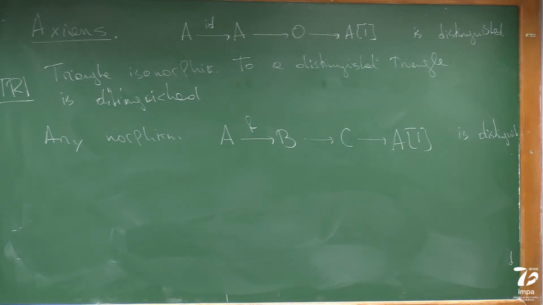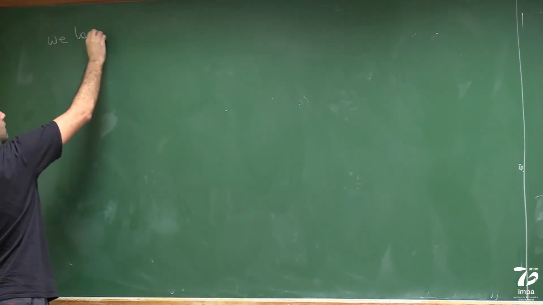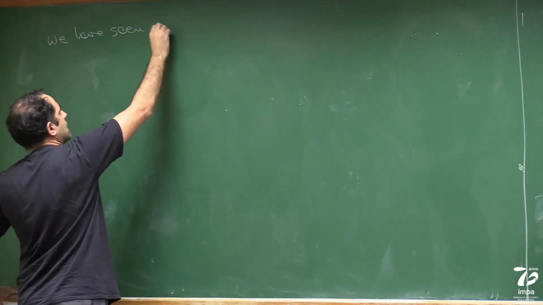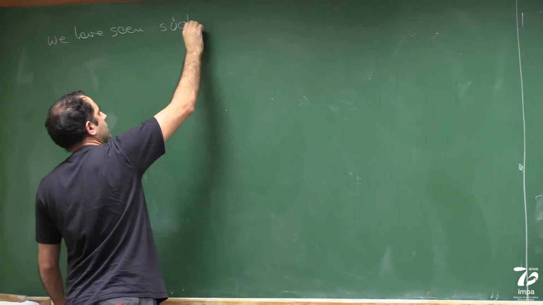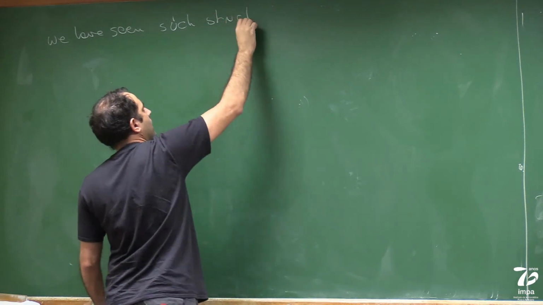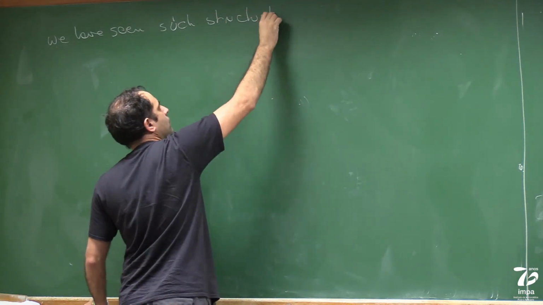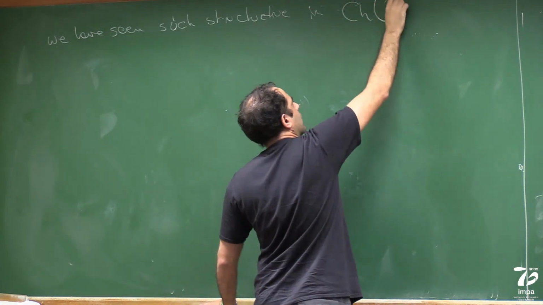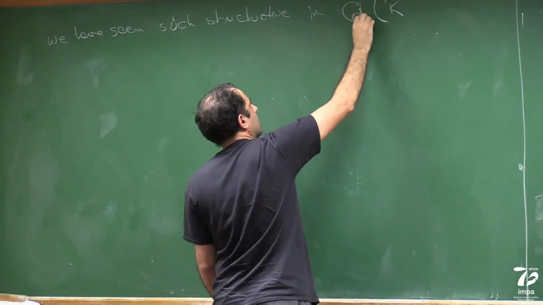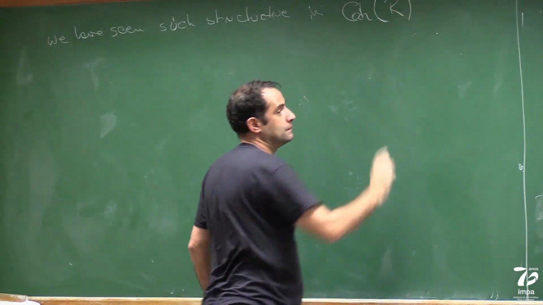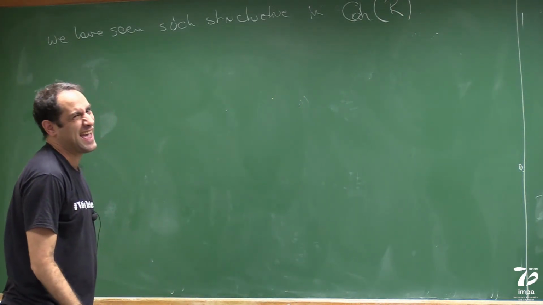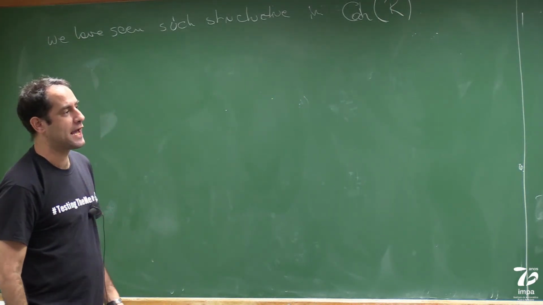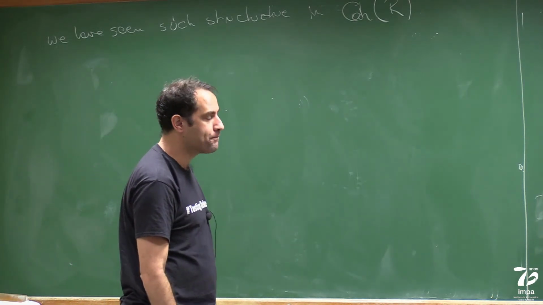So we have seen such structure in chains or cochains over a ring R, or over a K algebra, because I wanted my categories to be K linear, but that's irrelevant now.